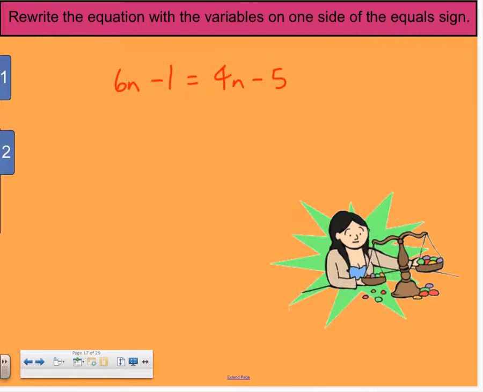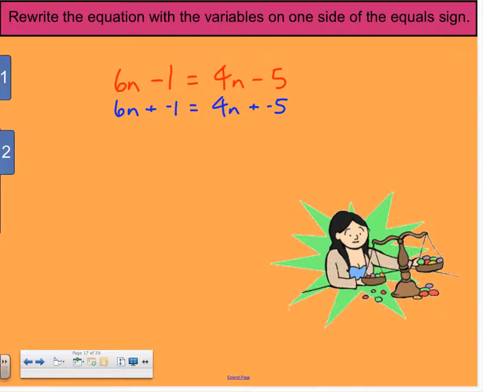So you've got an option here. I'm not saying that you have to do it, but if you struggle with negative signs, if you can get rid of the 6n and realize that it stays negative 1, that's fine. If not, I recommend that you rewrite this 6n plus negative 1 equals 4n plus negative 5, okay?